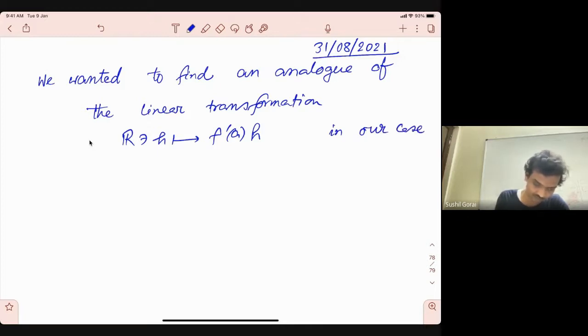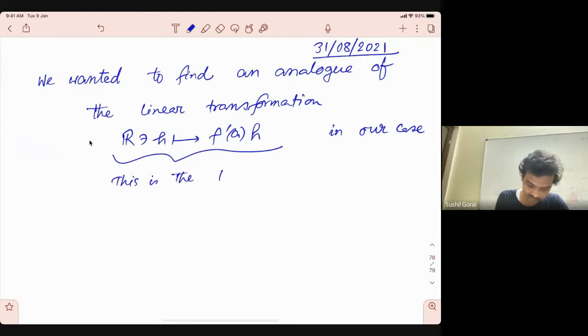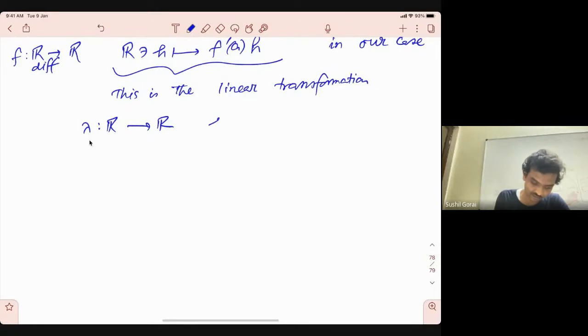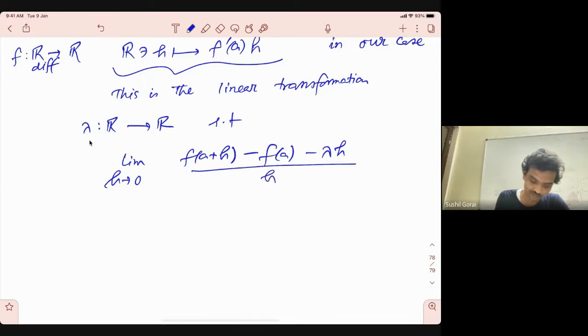So this is the linear transformation lambda from R to R. Well, f is given to be R to R differentiable such that the limit as h tends to 0 of f of a plus h minus f a minus lambda h, divided by the norm of h, is 0.